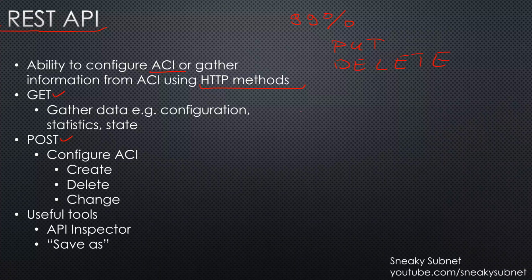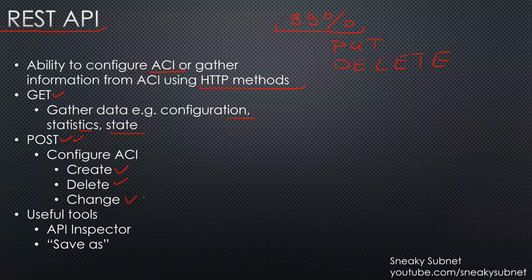But as I said, 99% of cases can be accomplished with GET and POST. So what's the difference? GET, we will use this method to gather data, for example, configuration, statistics, or state. And POST, we will use it to actually configure ACI. For example, create something, delete something, change something.